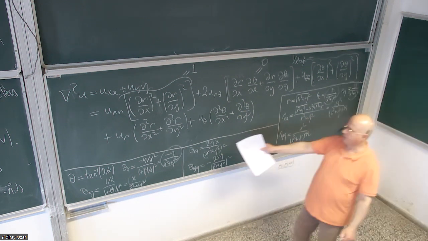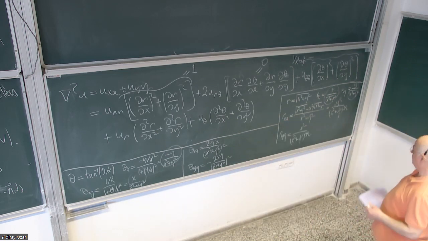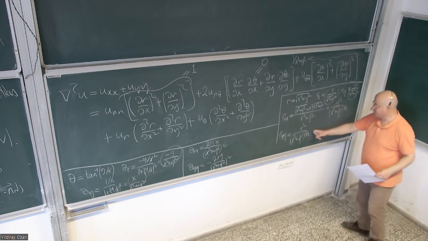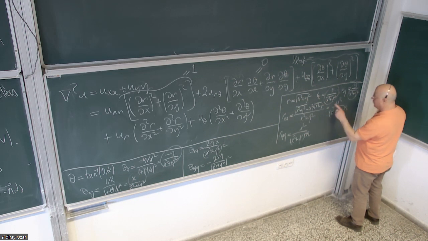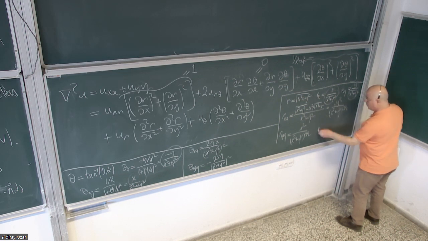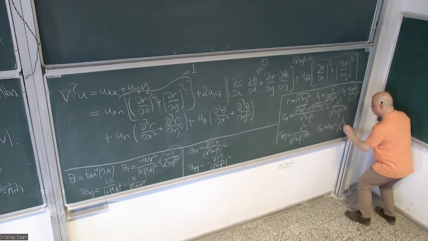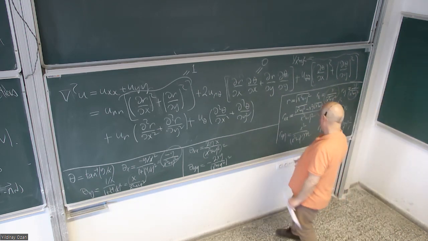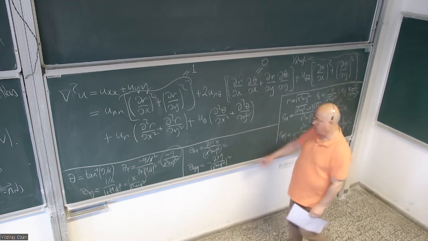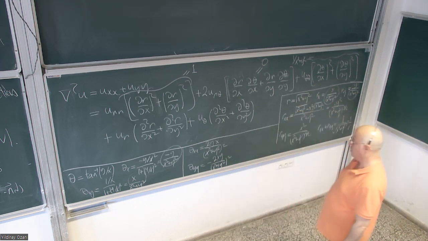We computed all of them. Only these are left, the second derivatives. This guy plus this guy. When you add these two, you get x squared plus y squared divided by this. So r sub xx plus r sub yy is just 1 over the square root of x squared plus y squared, so it is just 1 over r. And the other one, the sum of these two, is just 0.